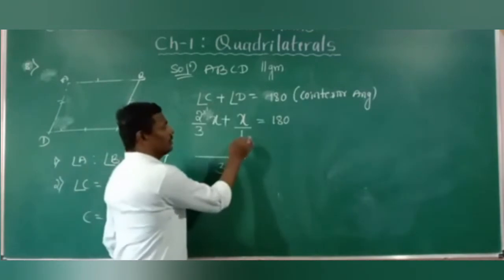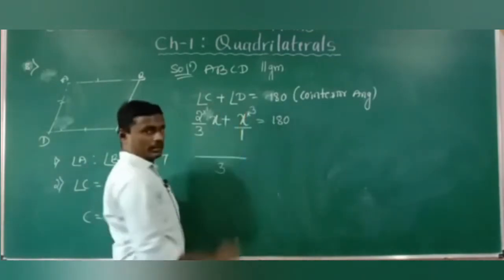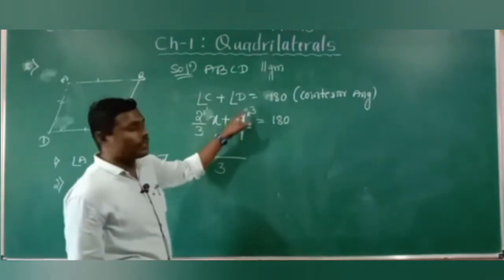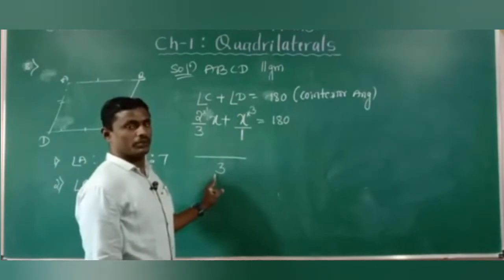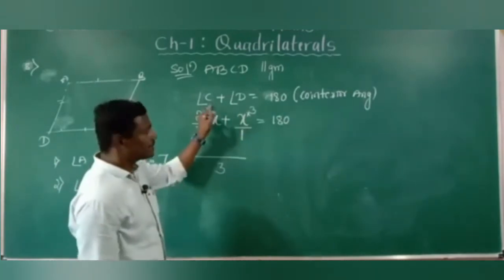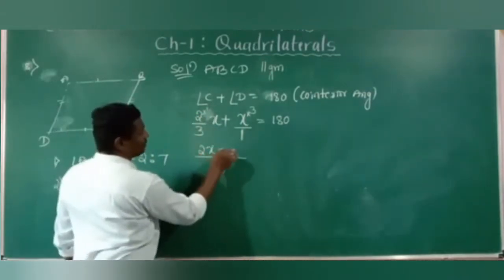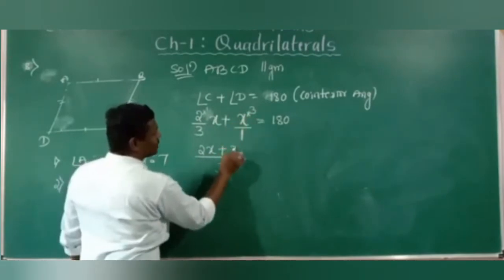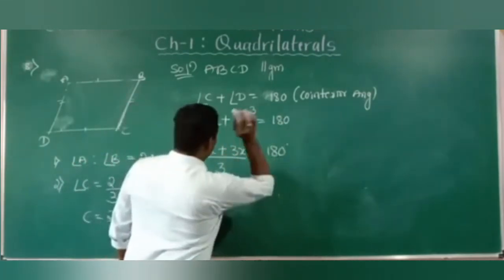In the place of the denominator 1 is there, means we need to multiply 3, because we are equating the denominator to the LCM value, right? So 2 ones are 2x plus 3 into x, 3x, which is equal to 180 degrees.